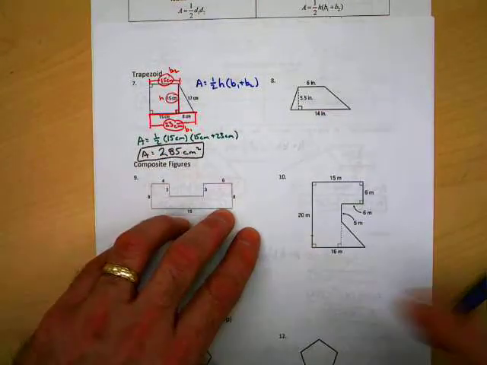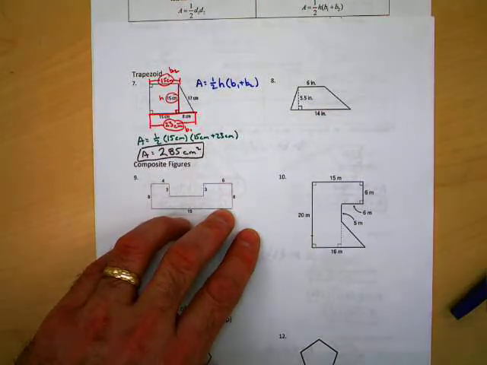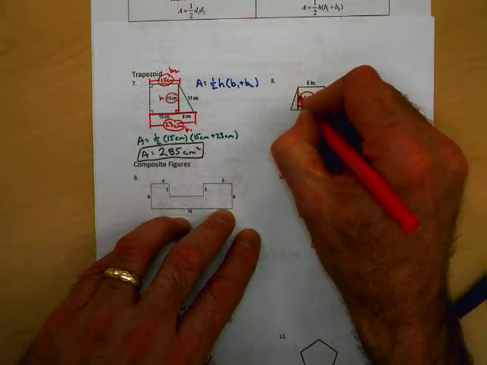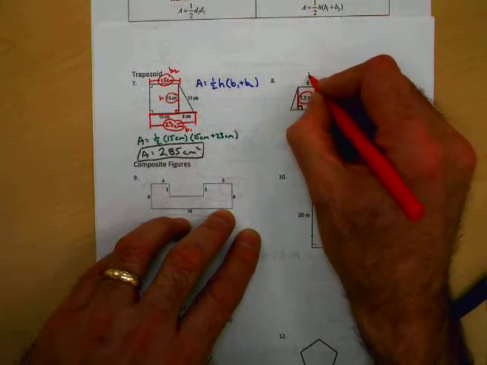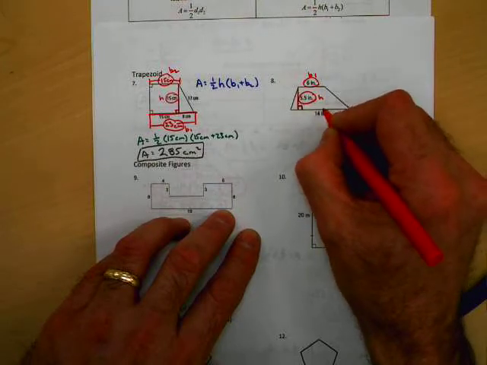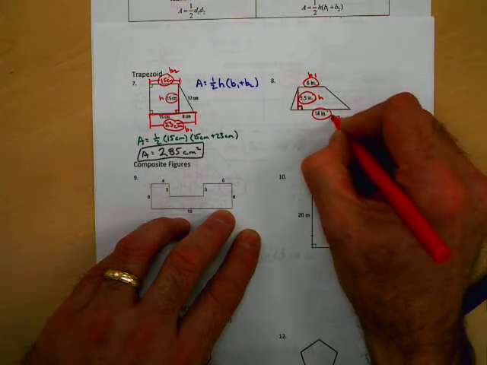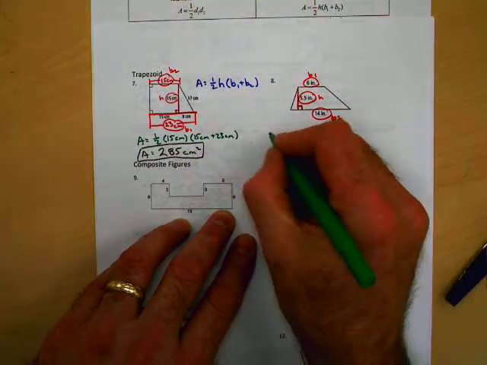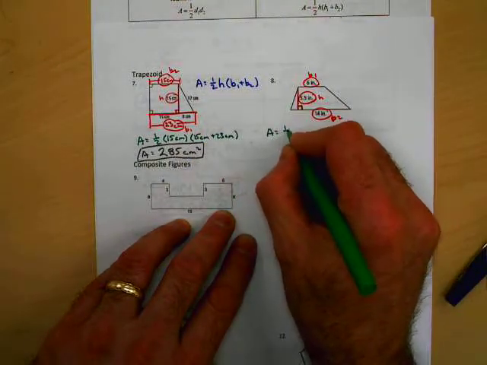The next part, they give it to you pretty easily. This is my height. And here's base 1 and base 2. And again, use my formula that I have right here waiting for me. Area equals 1/2.